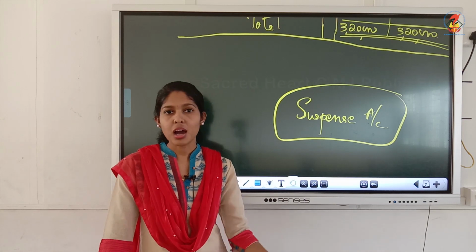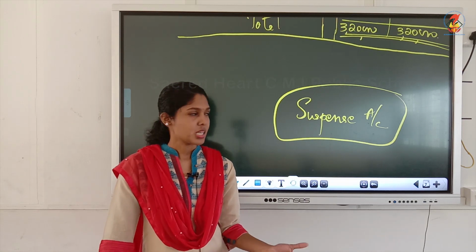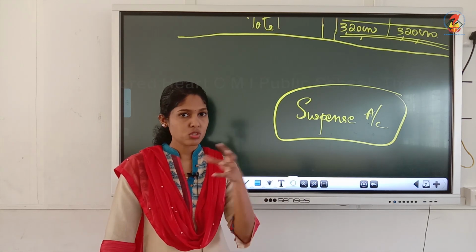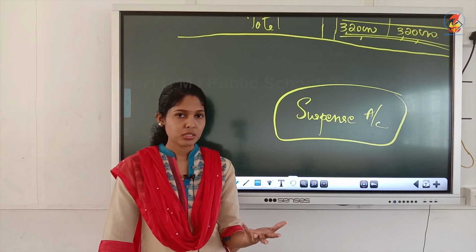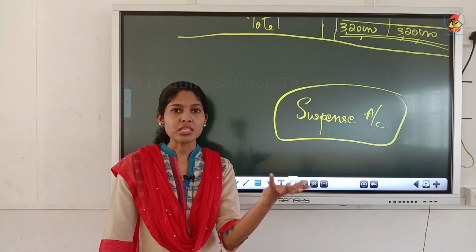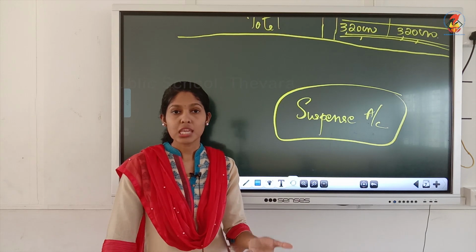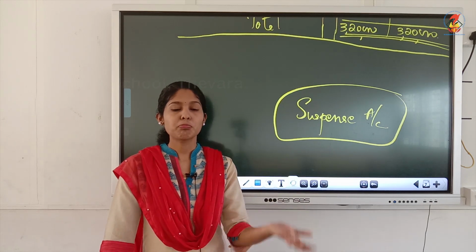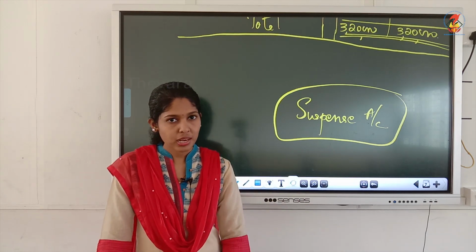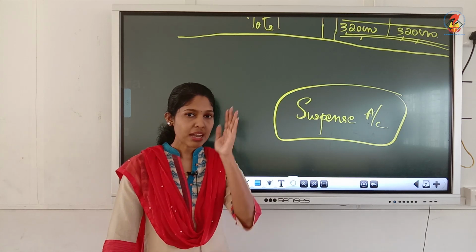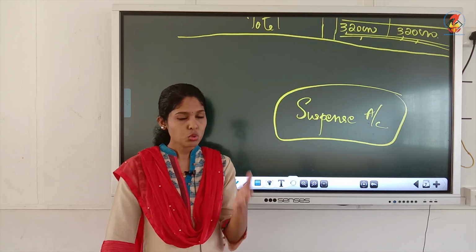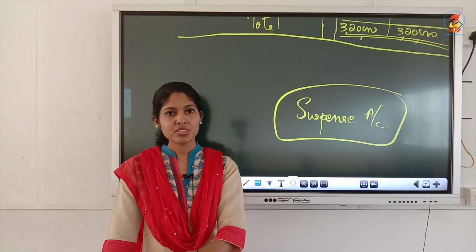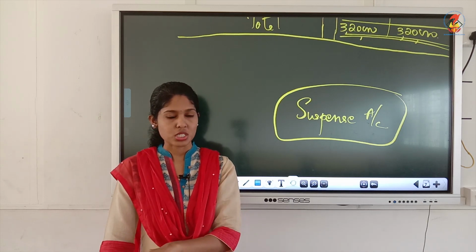Okay, why are we doing this? See, if you don't transfer that balance to suspense account, what will happen? The debit and credit sides will have different amounts, and if it is like that, can you prepare financial statements after the trial balance? No, because only after you prepare the trial balance can you start preparing the trading profit and loss account and then the balance sheet.